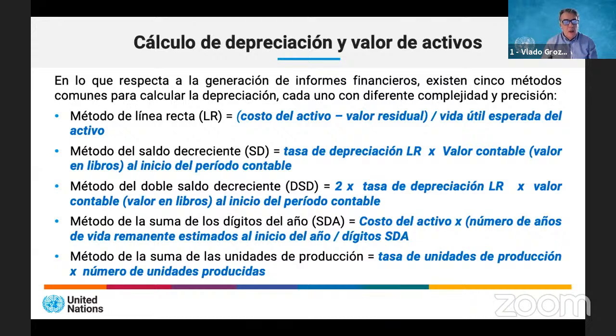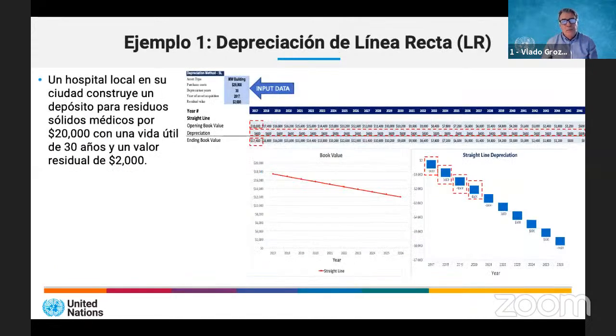Next slide, please. Now we're going to see through the examples, one by one. For example, straight line depreciation. If we have a hospital in our municipality which built a new medical waste building in 2017, it cost $20,000, with a service life of 30 years and a residual value of 2,000.